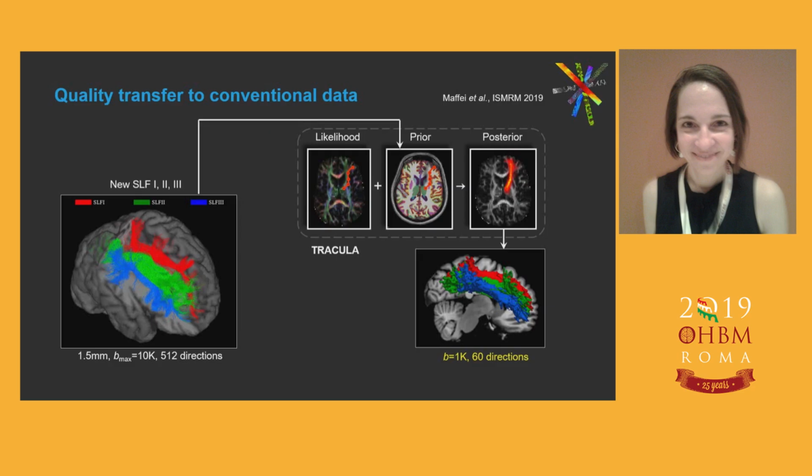So we can do kind of a quality transfer from higher quality data to more routine quality data that can be acquired even clinically. So the idea is in the future, as we improve further the models of connectional anatomy that we have using the ex vivo data, we can feed it into this framework and improve our in vivo reconstructions.